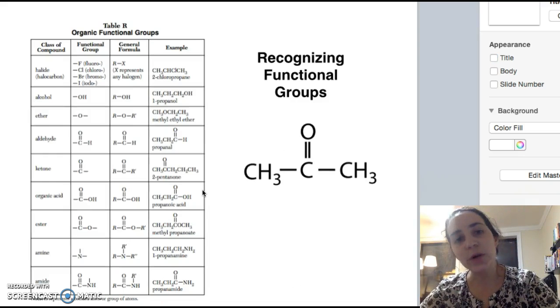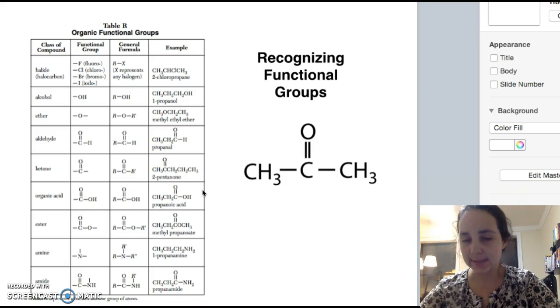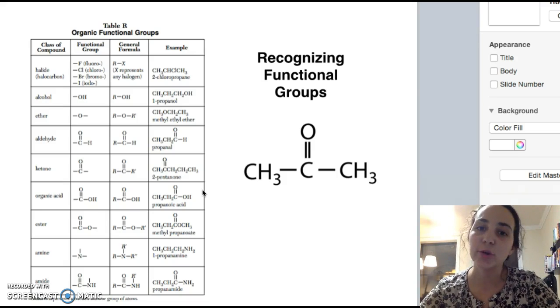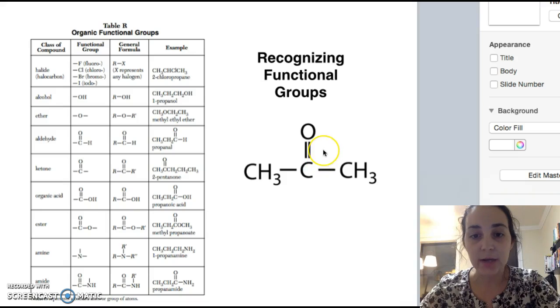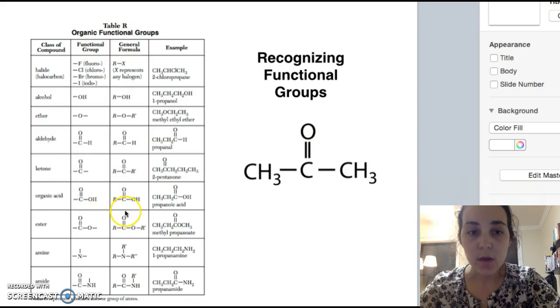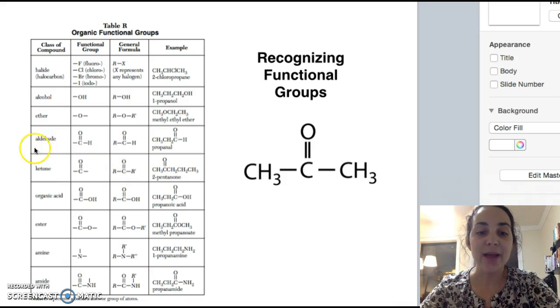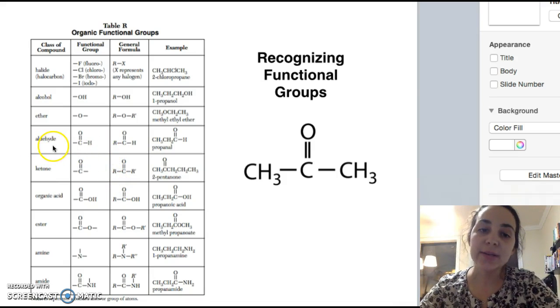Now, the most important thing you're going to be asked to do with Table R is simply be able to recognize the functional groups within their particular compounds. If we look at this compound, we can see that it looks like a normal hydrocarbon, except for this double bonded oxygen right here. So we can scan through our table and look for where this double bonded oxygen appears. I see a double bonded oxygen in my halide category. I also see a double bonded oxygen in my ketone category.